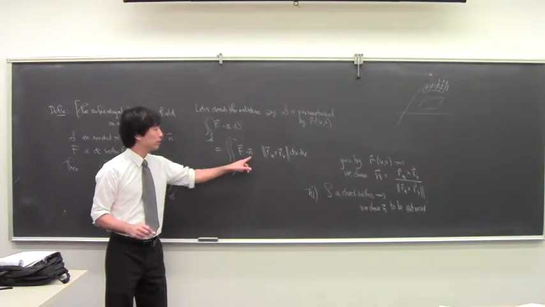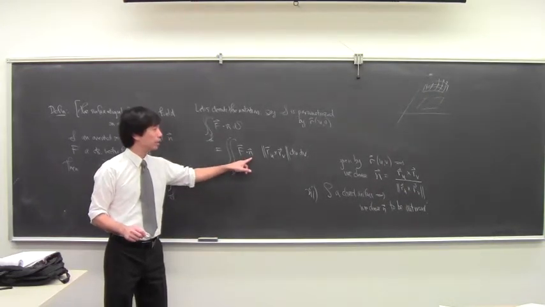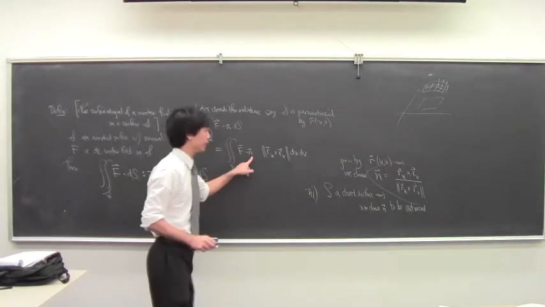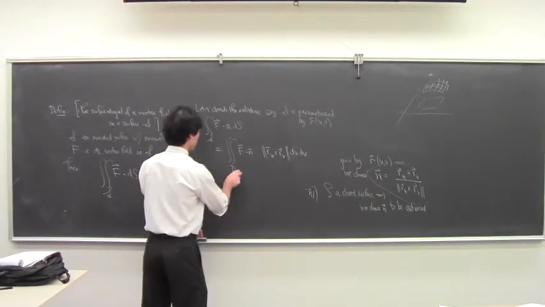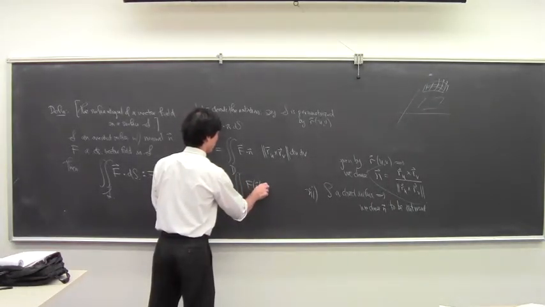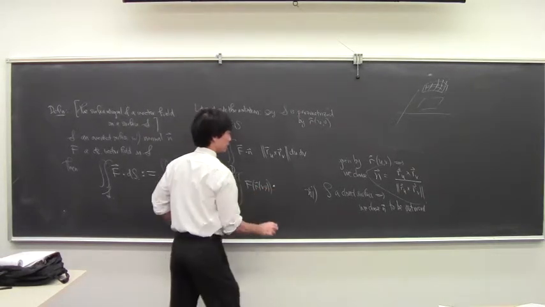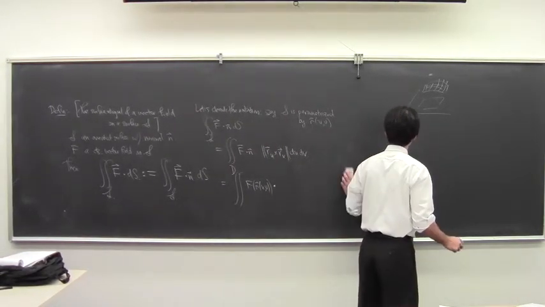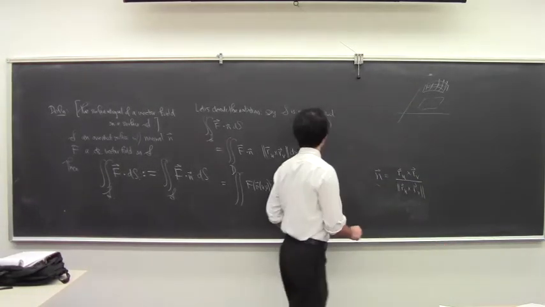Now, what's this thing here? F dot n. N is this, right? So let's write it out. F at r(u,v) dotted against n.